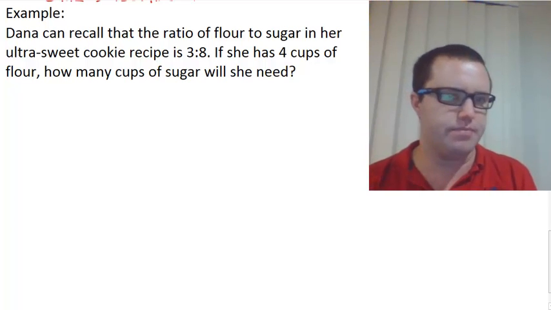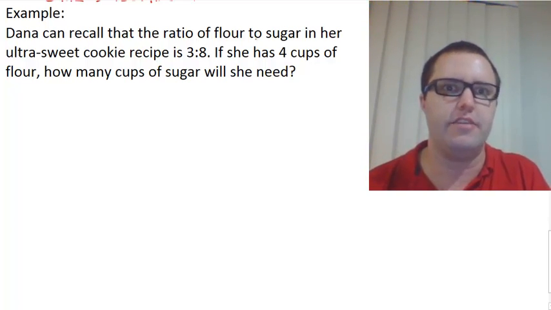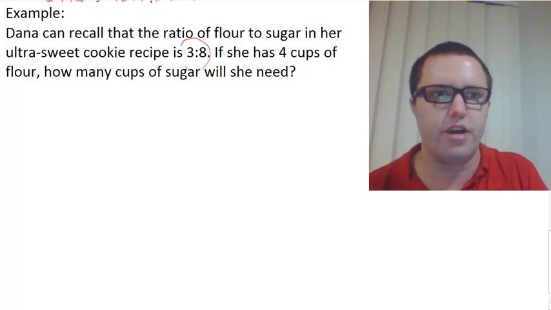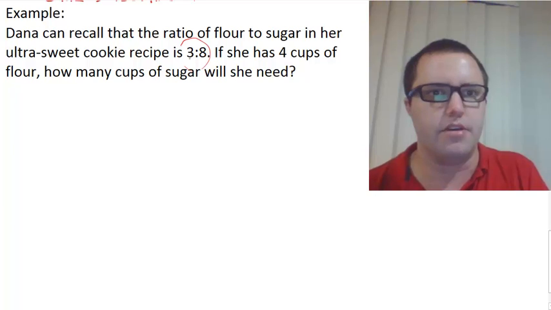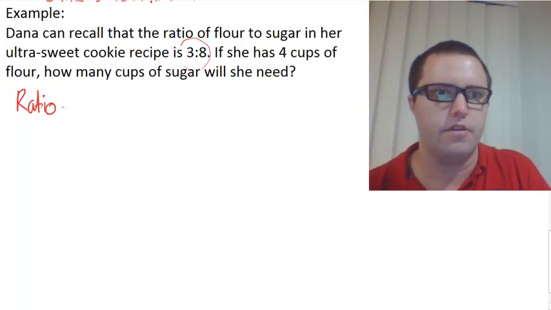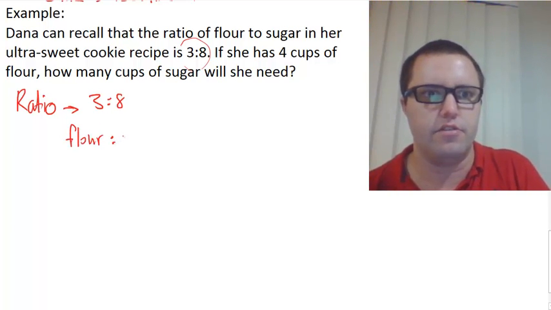Alright, so Dana recalls that the ratio of flour to sugar in her ultra-sweet cookie recipe is 3:8. If she has 4 cups of flour, how many cups of sugar will she need? So, let's sort of unpack this. We know our ratio is 3:8, which is flour is to sugar.